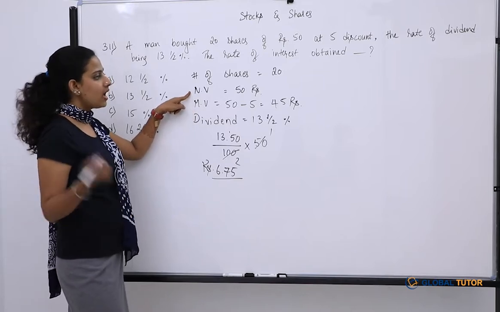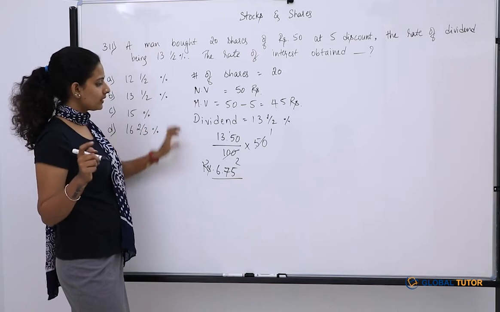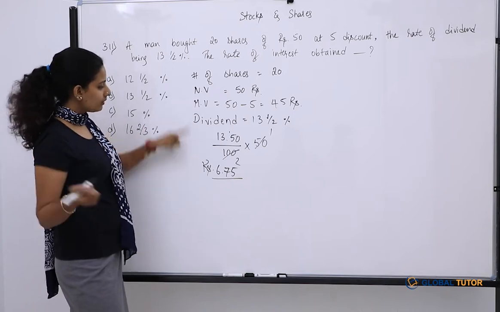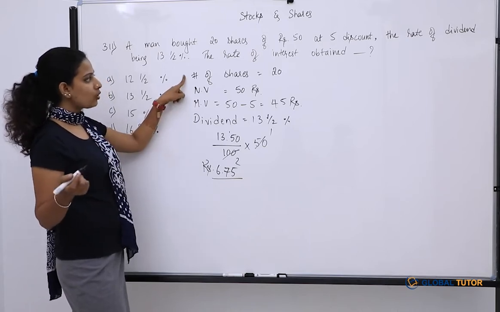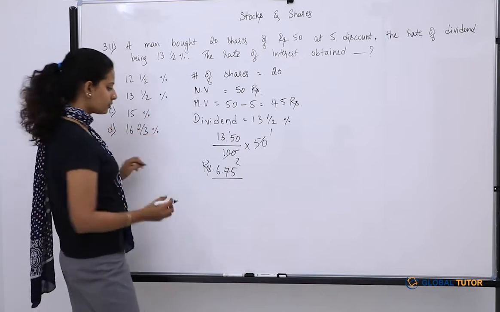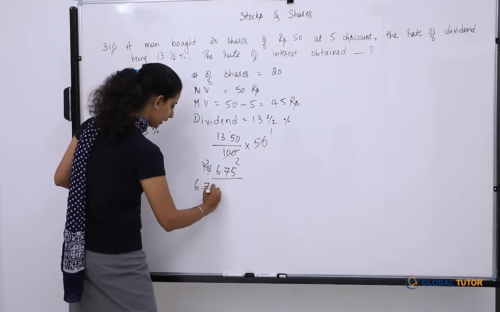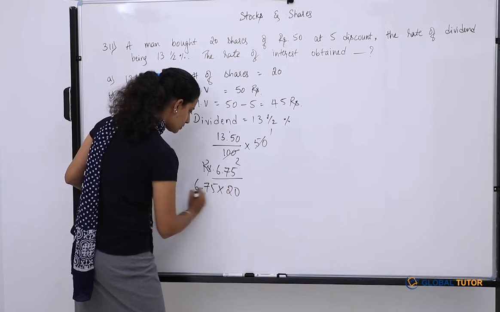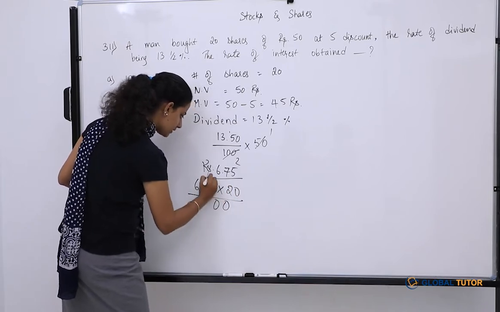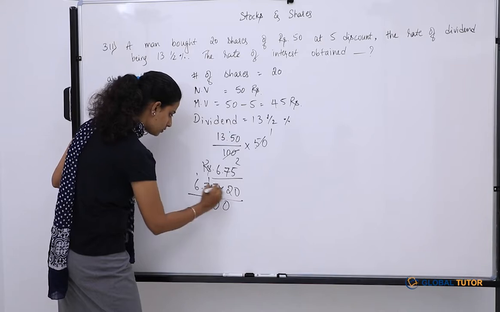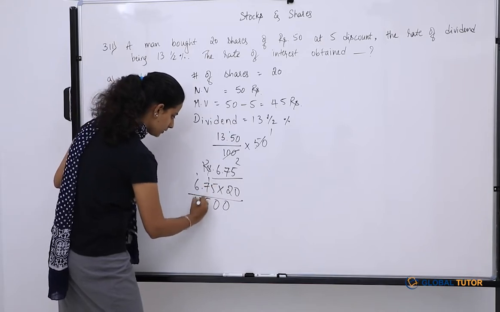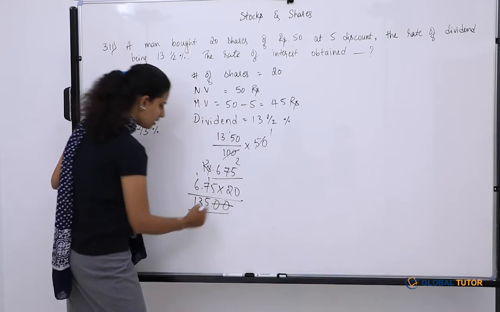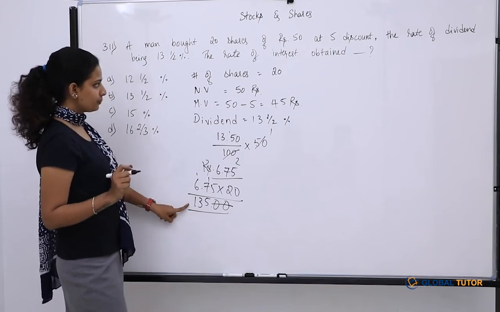Now we'll see how much he would get on 20 shares. 6.75 into 20 is 135 rupees.